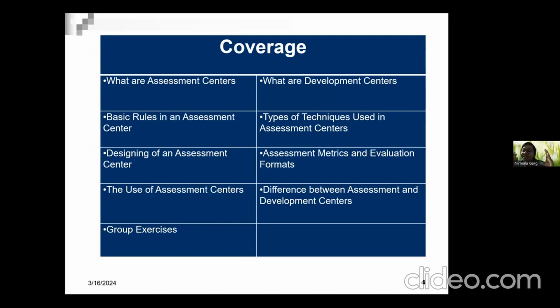In the last session, we talked about the key competencies required in terms of knowledge, skills, and abilities for a position, whether it's an HR manager, the CFO, or the CHRO. Once you have identified them, say Subir is working as a CHRO.